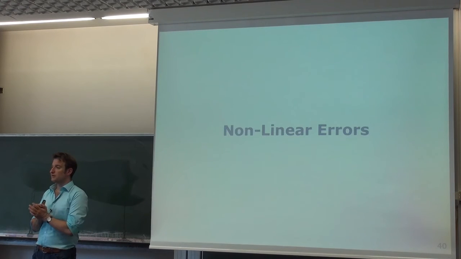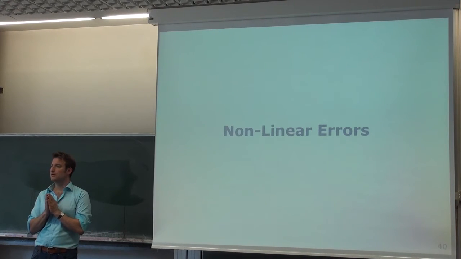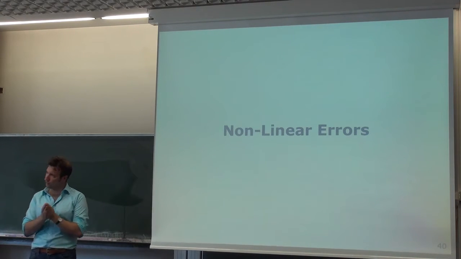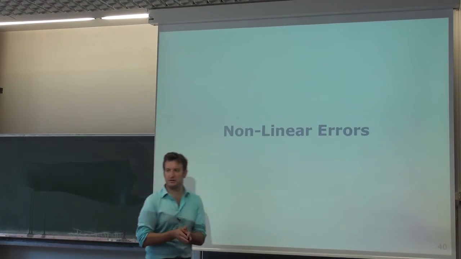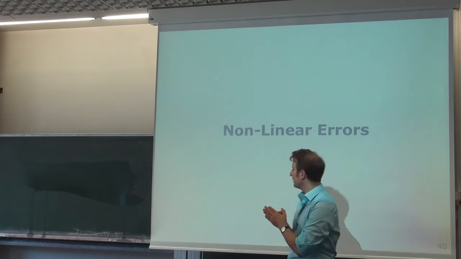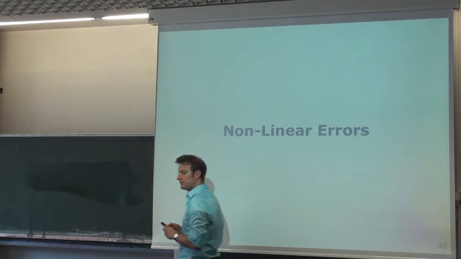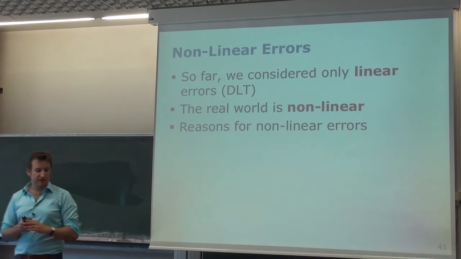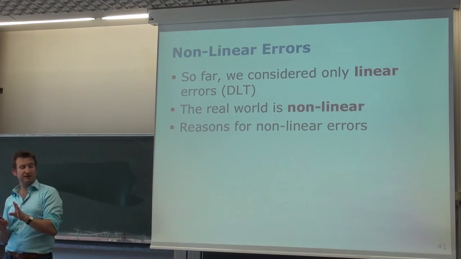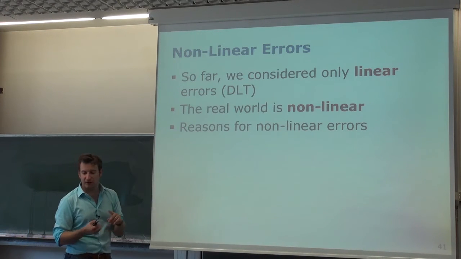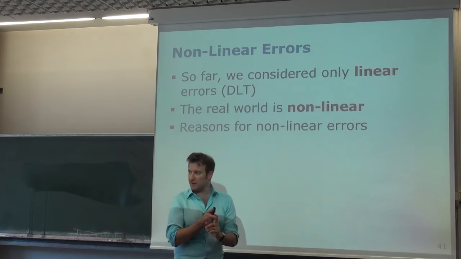Okay, so this part is done. Let's look into the nonlinear errors. So far, we just modeled the linear effects, but if I'm talking about linear effects, there should also be nonlinear effects. This is everything which goes beyond the DLT, and reasons for those nonlinear effects are typically things like an imperfect lens.